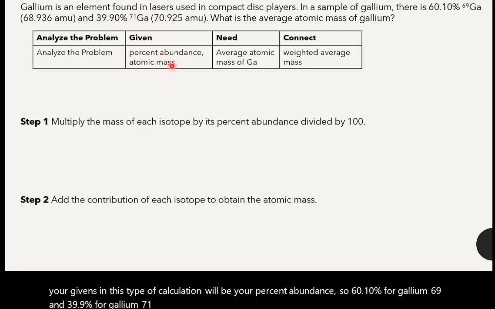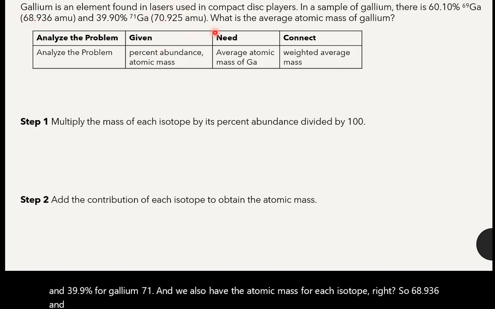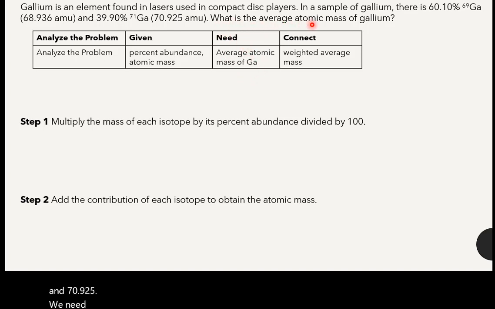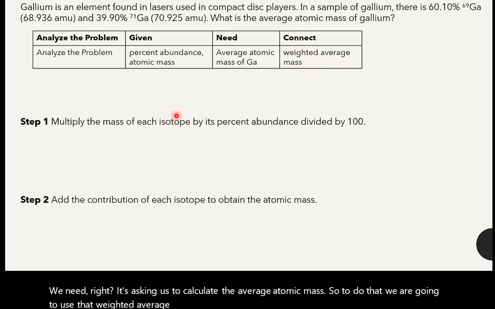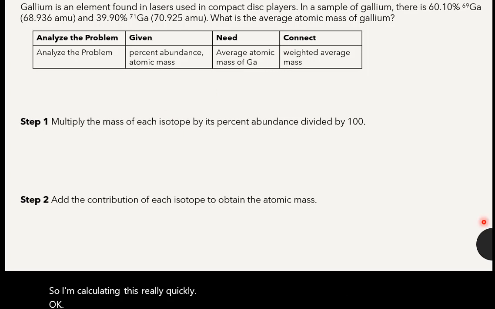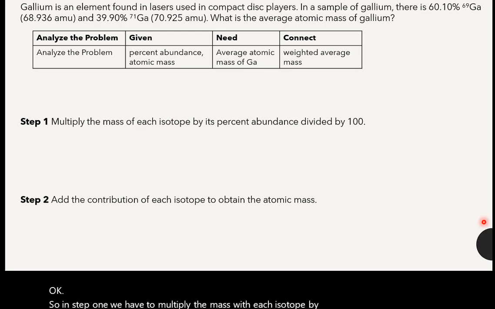We also have the atomic mass for each isotope, 68.936 and 70.925. It's asking us to calculate the average atomic mass, so to do that, we are going to use that weighted average calculation. In step 1, we have to multiply the mass of each isotope by its percent abundance divided by 100.